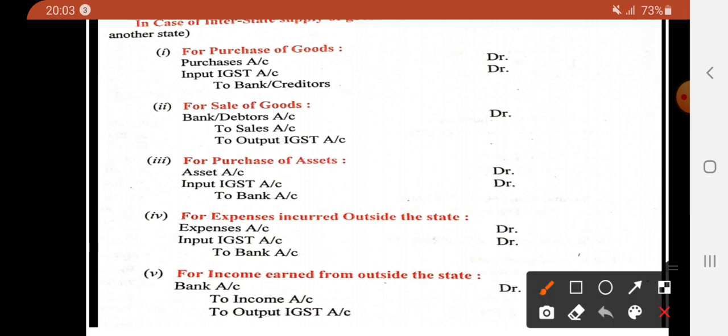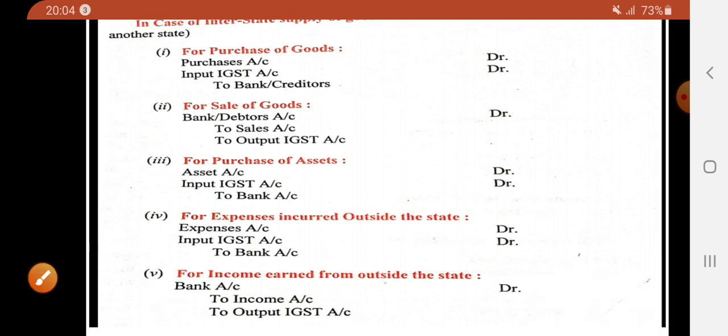Now next we have the purchase of assets. So if the purchase of asset is done outside the state, then we write asset account debit because what comes in real account has to be debited. Then we have the input IGST account because we are purchasing an asset, we have to pay some GST with the purchase of the asset.